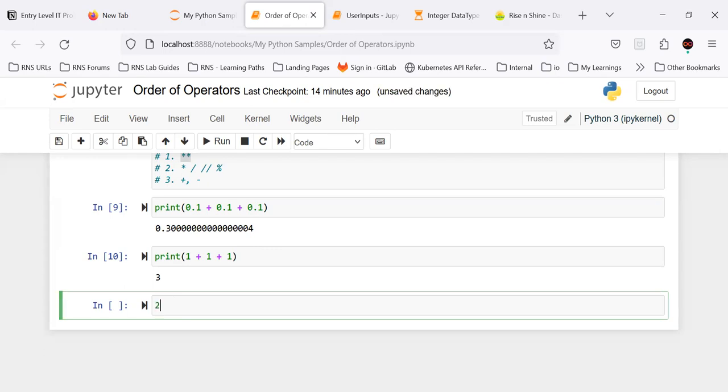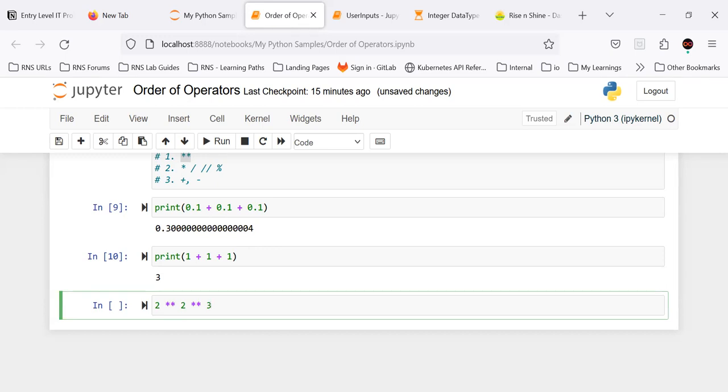Okay, now can you give me some answers quickly? What is the output we are going to have for this? Can you give me that output? I see 4, 36, 256.